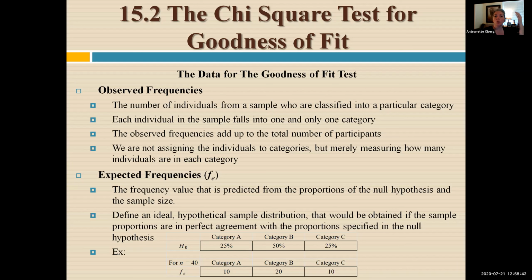So if there are 28% of the population under 30, then our expected frequency for the sample of people getting tickets should be 28%. So if we have 100 people, we would expect 28 of them to be under 30, and we would expect the others to be over.